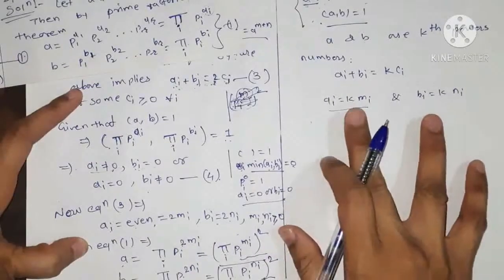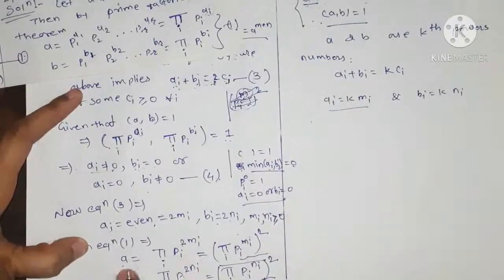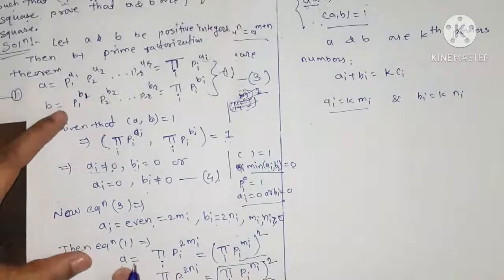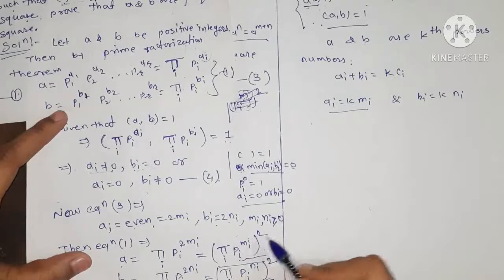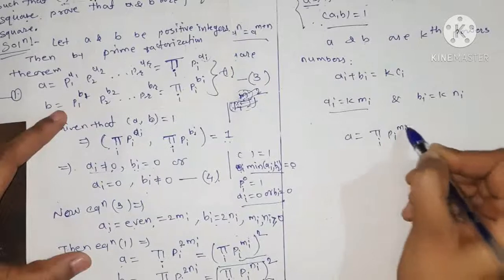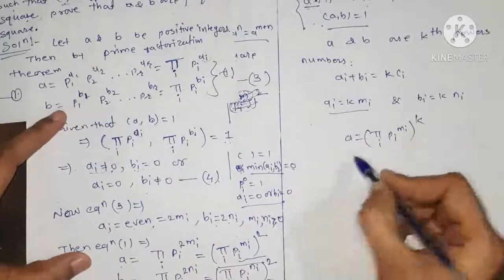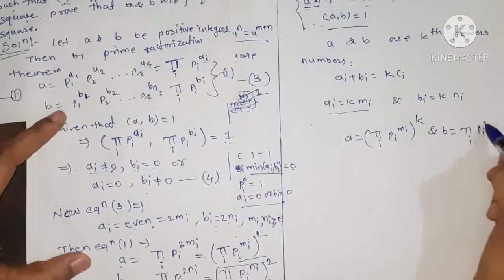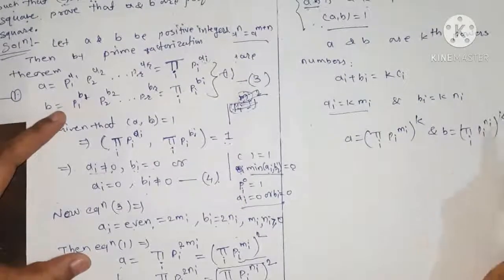Using this a_i and b_i, we can substitute the value of a_i equal to k times m_i in the product form of a and b. So a can be written as the product over i of p_i to the power m_i, whole to the power k, and similarly b can be written in this form, the product over i of p_i to the power n_i, whole to the power k, right?